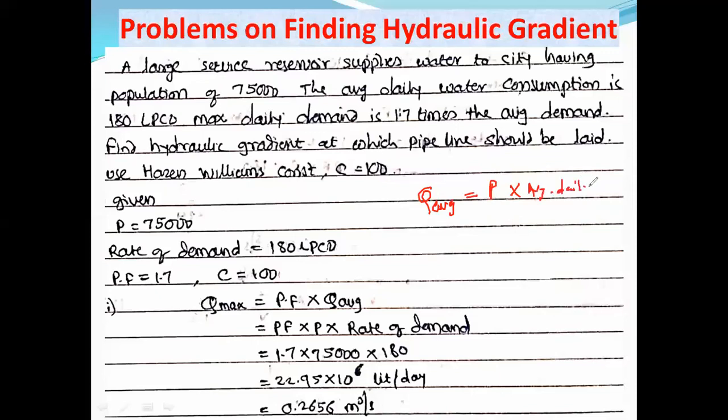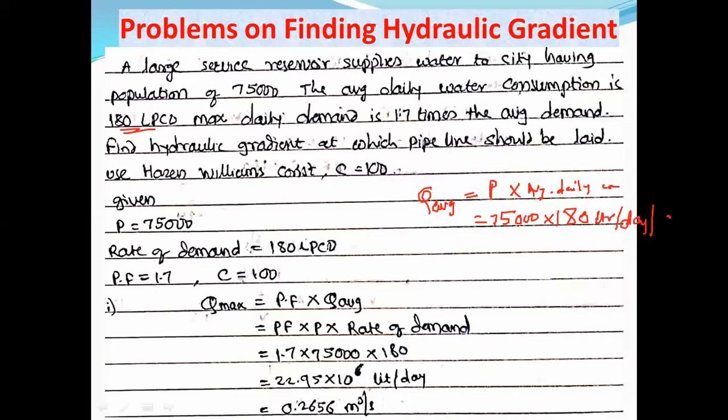The population is 75,000 and the average daily consumption is 180 LPCD, liters per day per capita or per head.